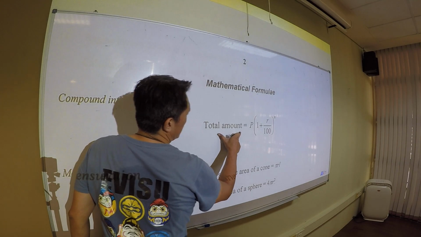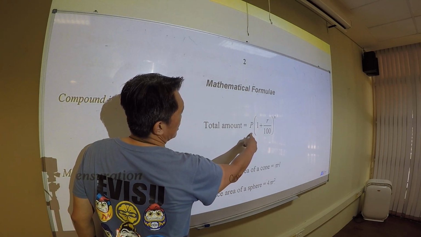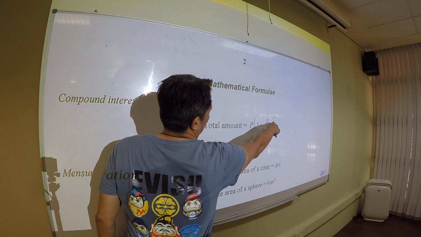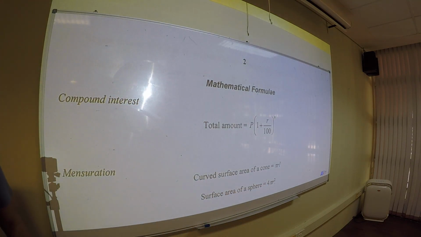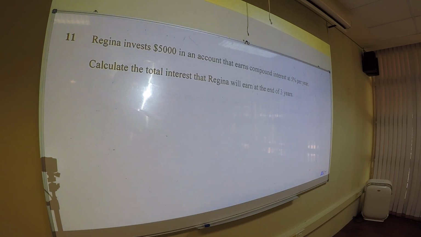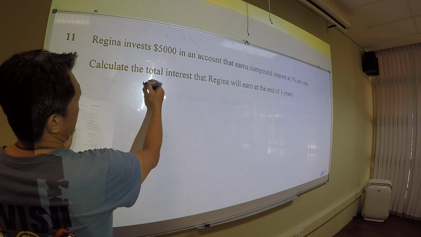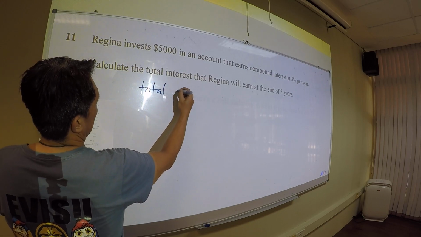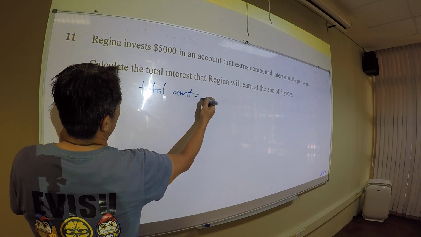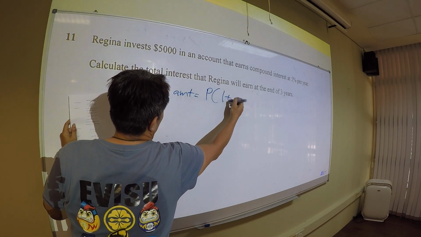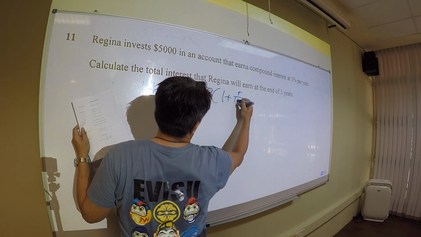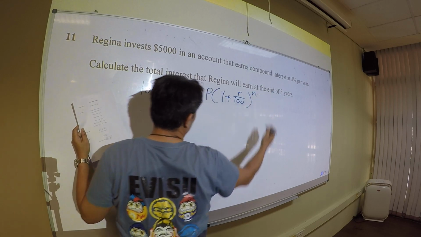They tell you total amount is P bracket 1 plus R over 100 to the power of N. So what is important is you know this formula is there, and then you know how to put in the numbers.